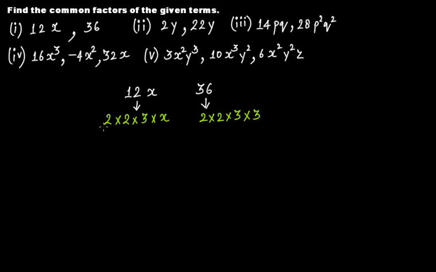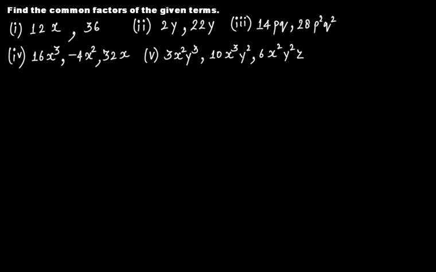Now these 2, 2, and 3 are common. So 2 multiplied by 2 multiplied by 3 is common, that is equal to 12. So 12 is the common factor, right?